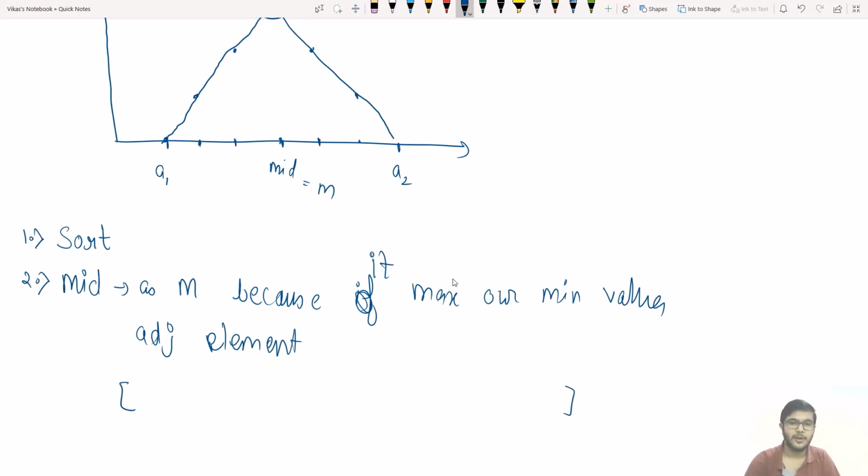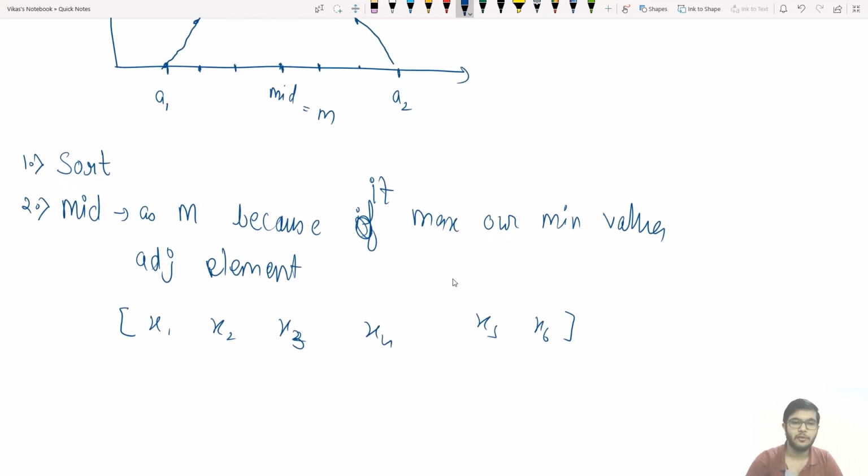So let's say this is our array x1, x2, x3, x4, x5, and x6. These are our elements in the array. Firstly we are going to sort, so now it is sorted. Now we are going to take these two elements and find the mid, let's say mid 1. Now we are going to check if my min is maximized, or greater than the previous one.